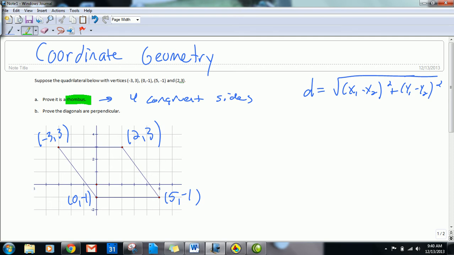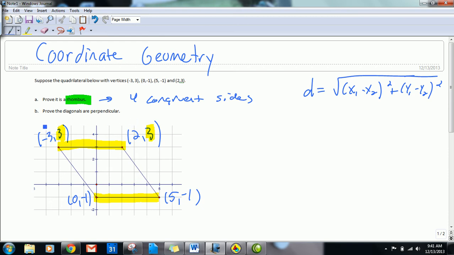What's nice, however, is that for this length and this length, I don't need to use the distance formula. Why? Because these 2 points have the same y value, so the distance between them is just the difference in the x's.